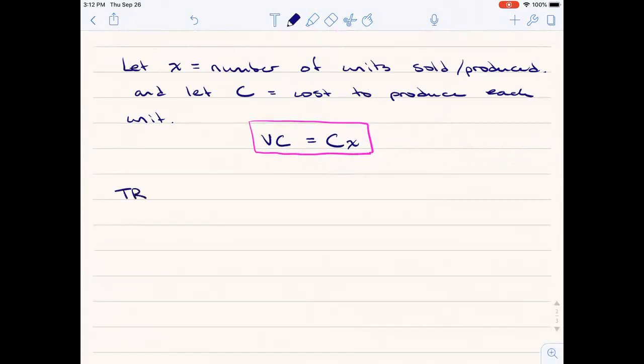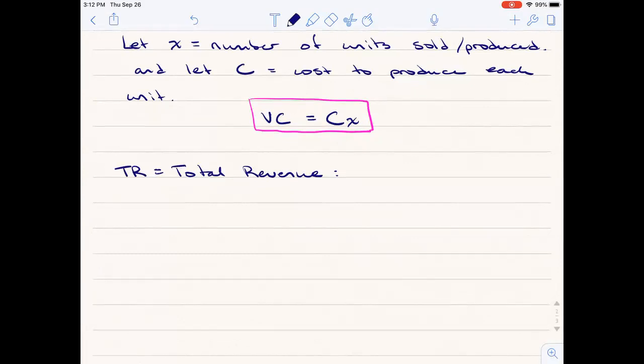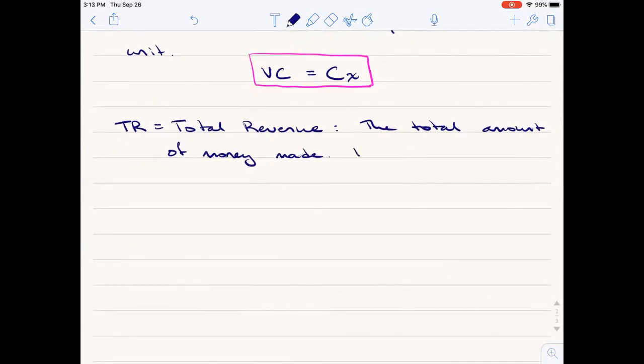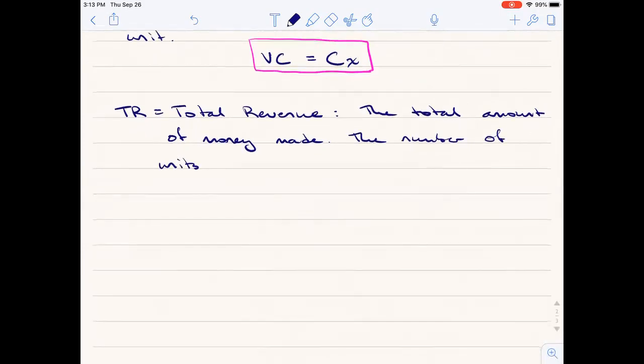TR is the total revenue, the total amount of money that you made, which is the number of units sold, which is your x, times the price, which we'll denote by a lowercase p, at which they are sold.